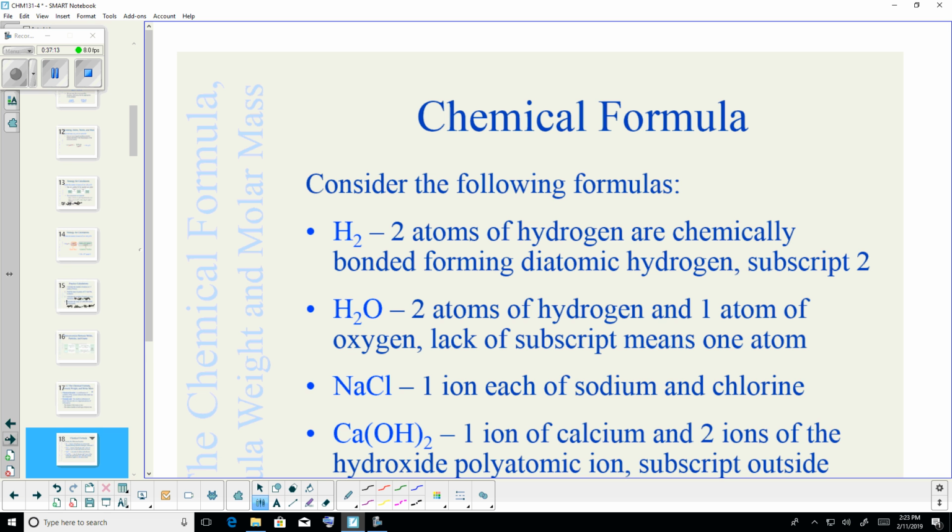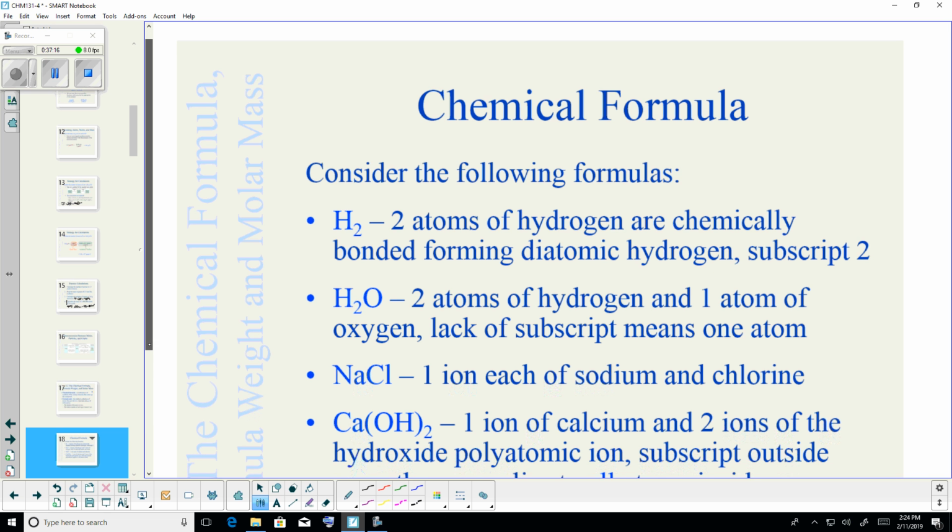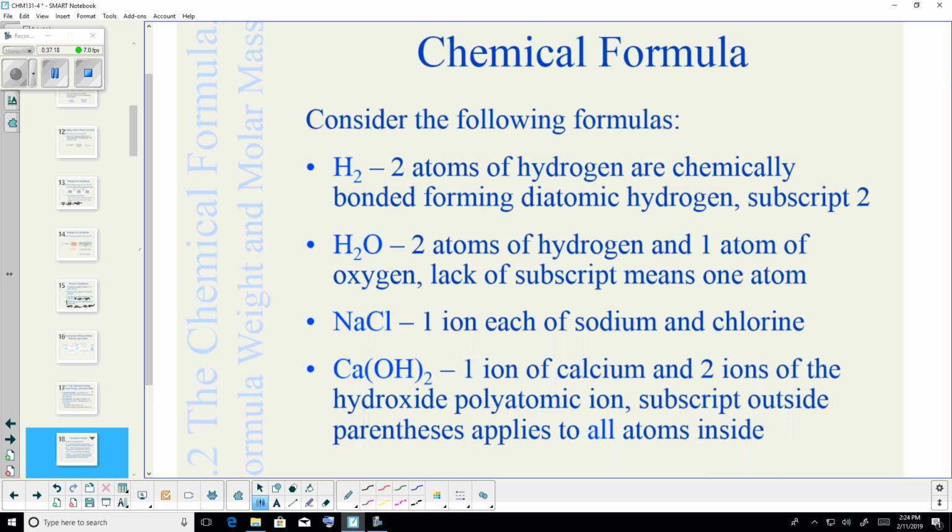Hydrogen is H2. Hydrogen exists in nature as H2. It doesn't exist as H. There are 7 diatomic molecules you have to know: hydrogen, oxygen, nitrogen, fluorine, chlorine, bromine, and iodine.